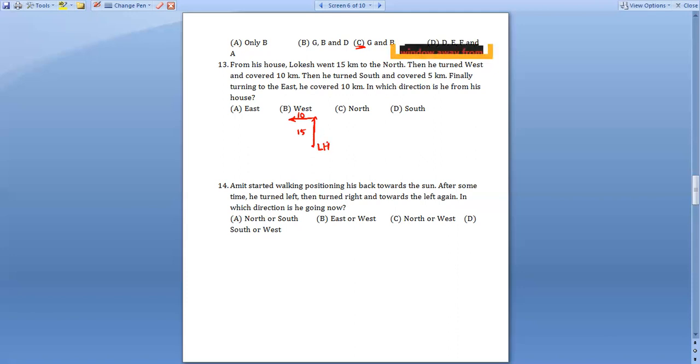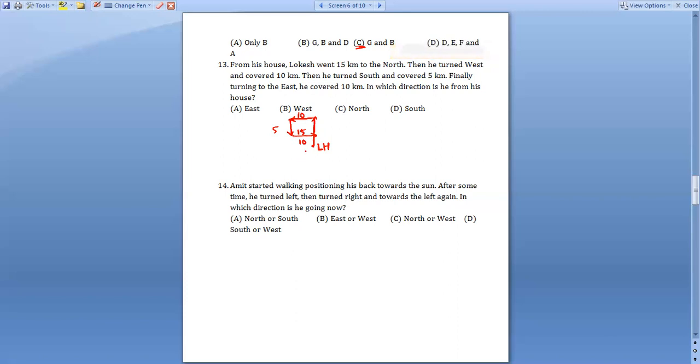Then he turned south and covered 5 kilometers. So this is south and he covered 5 kilometers. Finally, turning to the east, he covered 10 kilometers. So this is east. So he covered 10 kilometers, which is same as this 10 kilometers. So it forms a rectangle here.